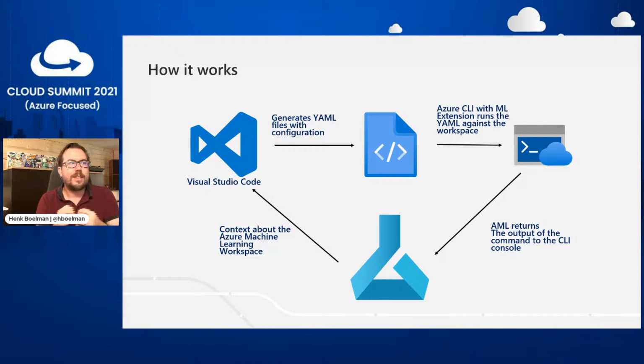And with that knowledge, it can generate YAML configuration files. With those YAML configuration files, you can use the CLI to create new resources in your workspace, like kick off a training run, deploy a model, register a model, or create a new data set. And when that runs, you can see that back again in Visual Studio Code.